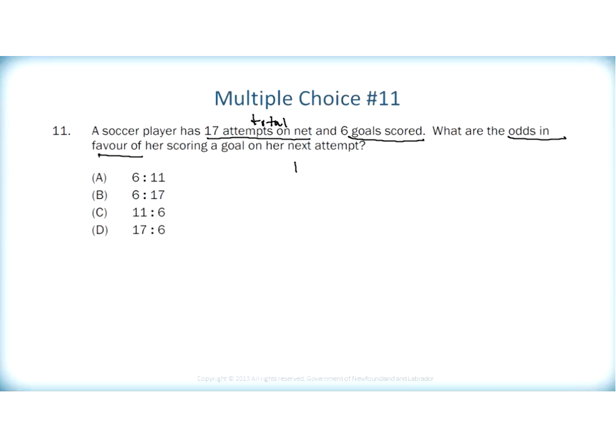So we have the probability of getting a goal is 6 over 17. So the probability of not getting a goal, or the complement, would be 11 over 17. So the odds in favor would be 6 to 11. Of course, C would be the odds against.